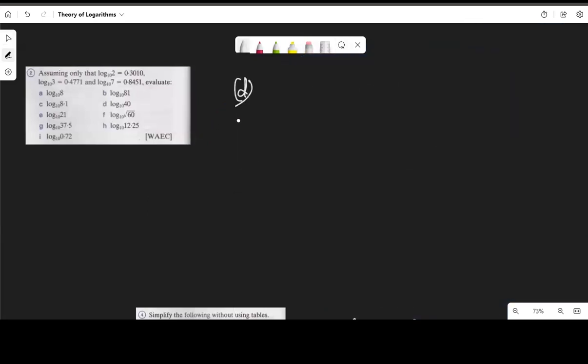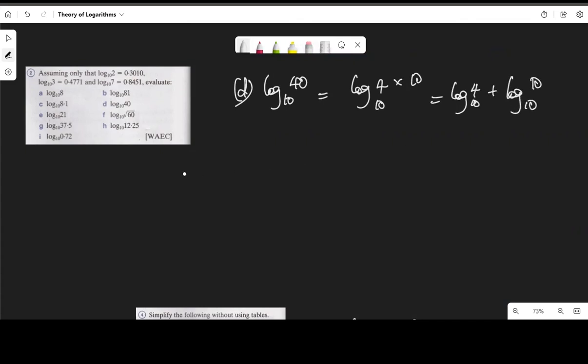D we have log 40 to base 10, which I can write as log 4 times 10 to base 10. And that will be log 4 to base 10 plus log 10 to base 10. Now log 4 to base 10, we can write as log 2 to the power 2 to base 10 plus log 10 to base 10.